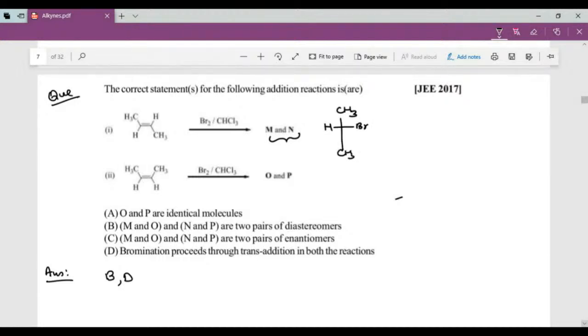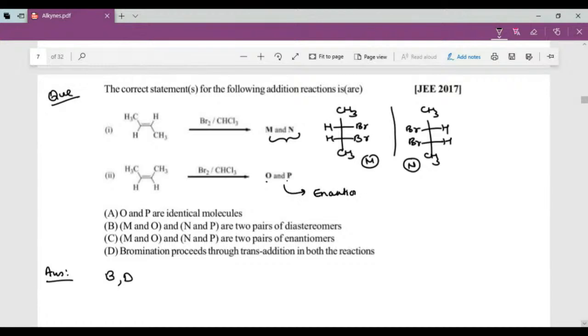When it is trans, H Br, and yes, on the opposite side, say Br, if I take bromine H, but they are same now. If I say one is M, other is N, they are same. They are both meso. Meso's mirror image is superimposable. But here O and P will be enantiomers. Same concept you must be following, that it is asked so frequently.